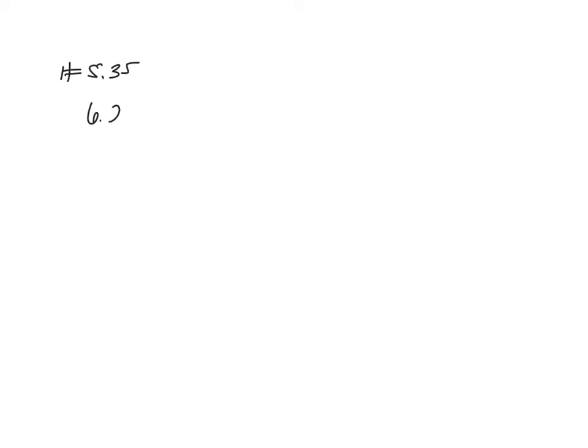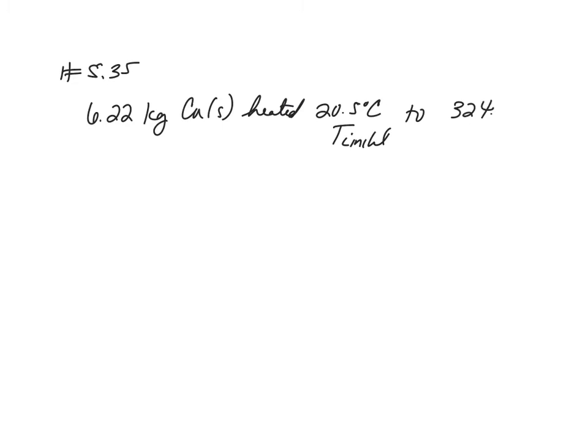So a 6.22 kilogram piece of copper metal is heated from 20.5 degrees Celsius, so that's your initial temperature, to 324.3 degrees Celsius, that's your final. Calculate the heat absorbed in kilojoules by the metal.